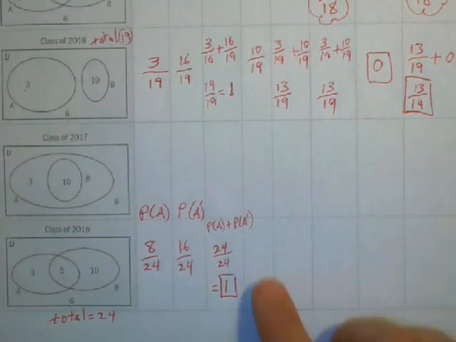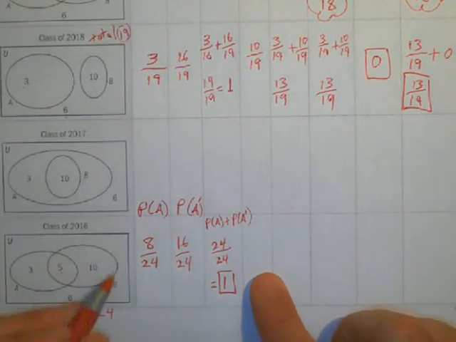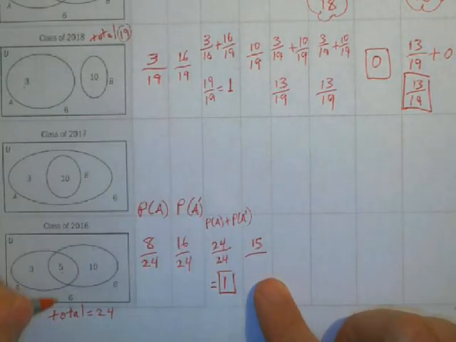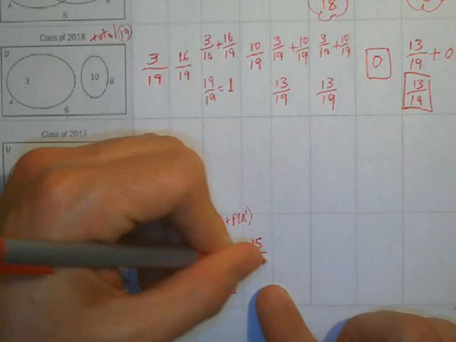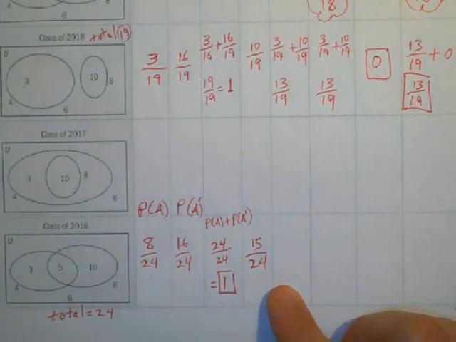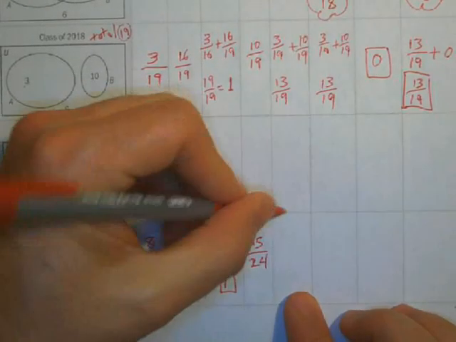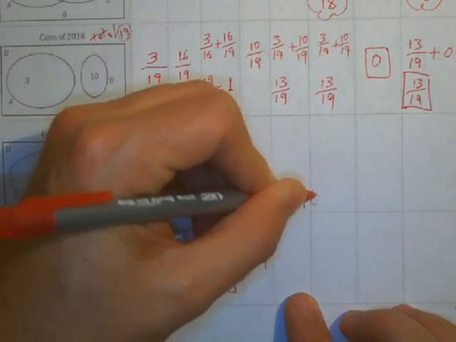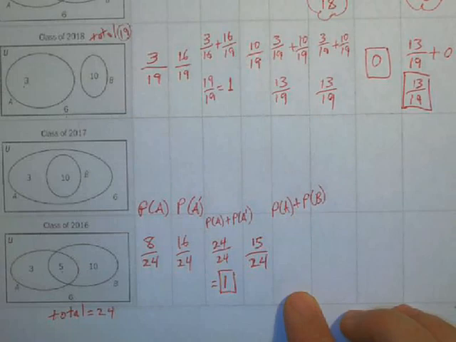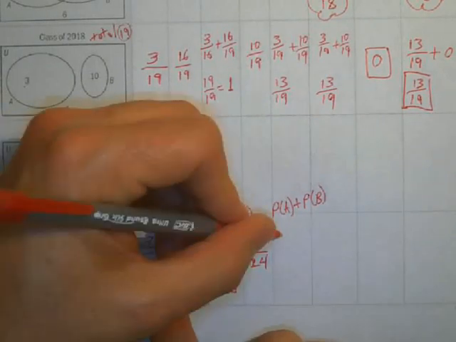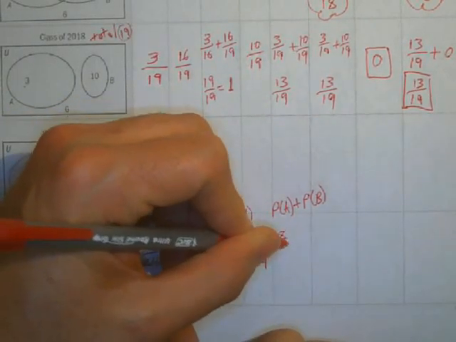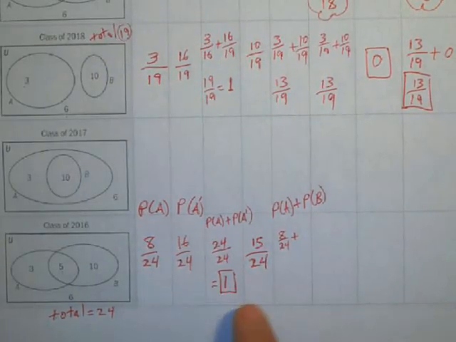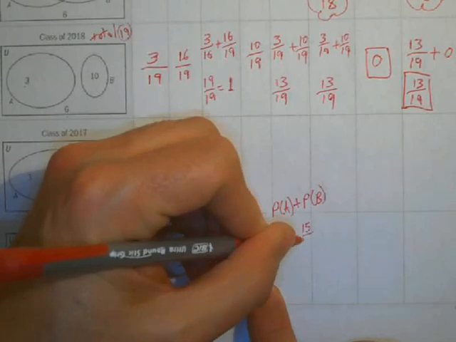Okay, probability of B is in this circle. So 5 and 10 is we have 15 over our total, which is 24. Okay, the probability of A plus B, that goes here, so probability of A is 8 over 24 plus the probability of B, which is 15 over 24.